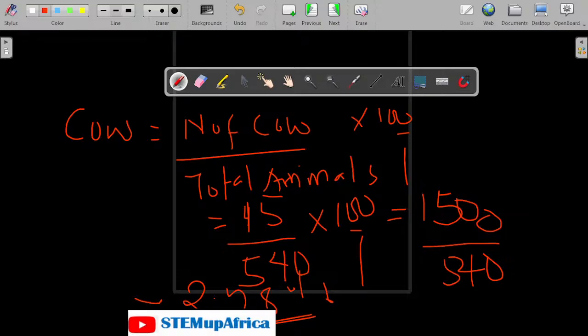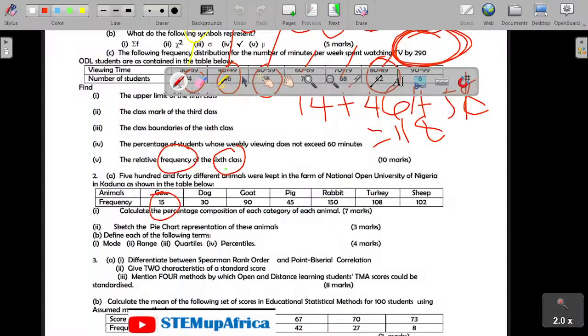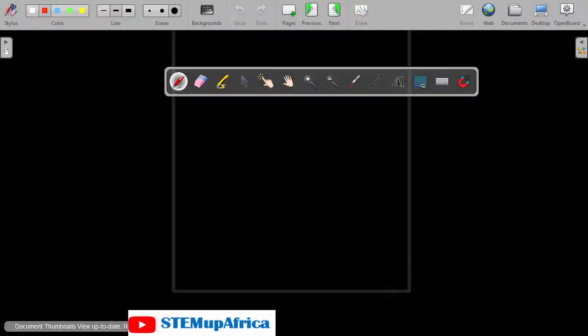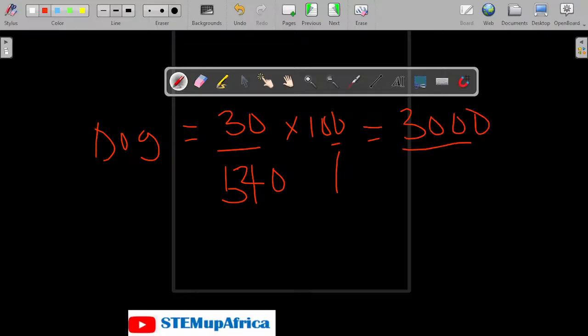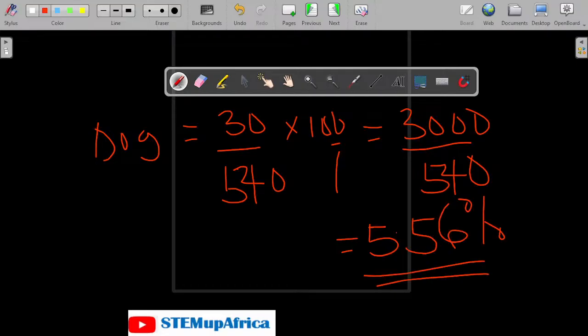Then let's go to the next one. Who is the next animal? It is dog. How many dogs do we have? 30. So for dog, we have 30 over 540 times 100 over 1, which is 3000 over 540. So 3000 divided by 540 will give us 5.56%.